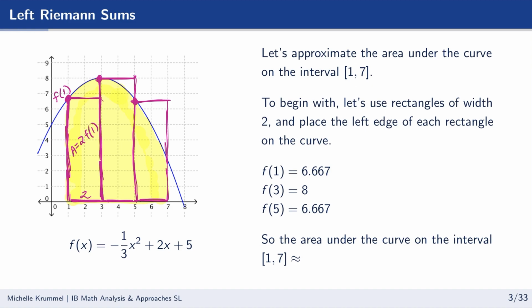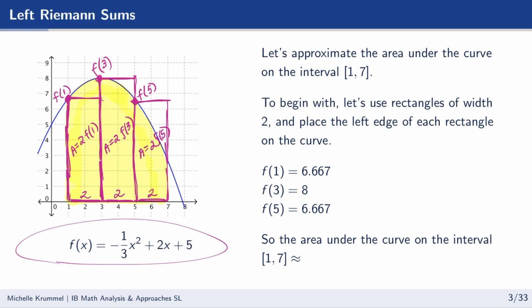The next rectangle also has a width of 2, and the height is f of 3. So the area here is 2 times f of 3. And then the third rectangle, the height is f of 5. The width here is 2, so the area equals 2 times f of 5. And we can compute f of 1, f of 3, f of 5, because we have the equation here for f of x.